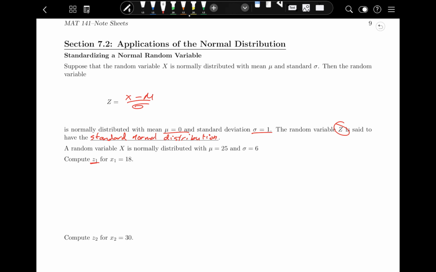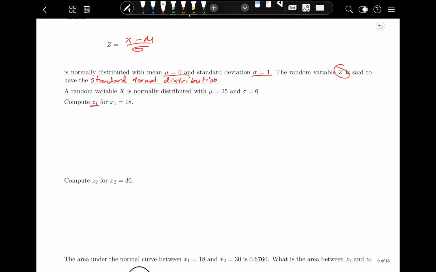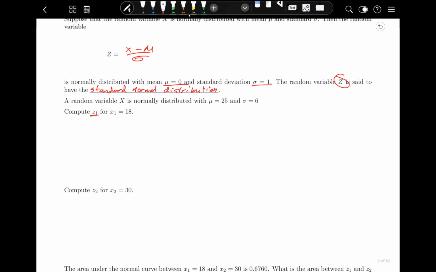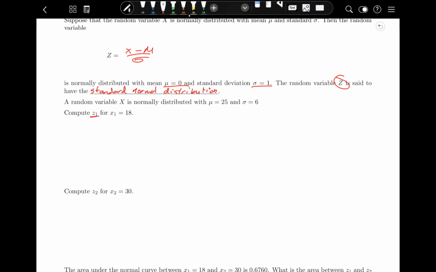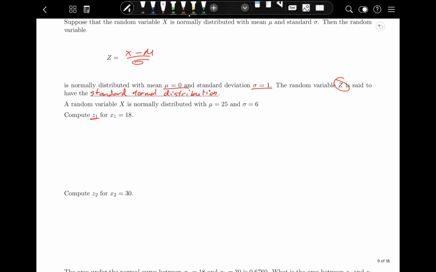One thing we can do is normalize individual values from a random variable x onto z, and the way we do that is by using the z-score calculation. So if I wanted to know what is z1 given that x1 is 18, I would do z1 equals (x1 minus mu) over sigma.